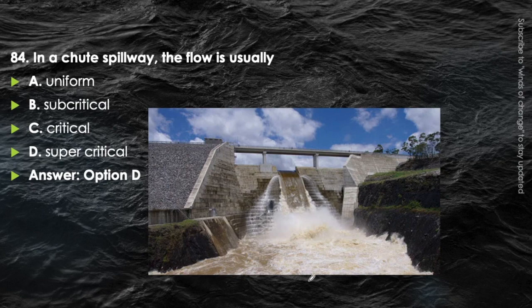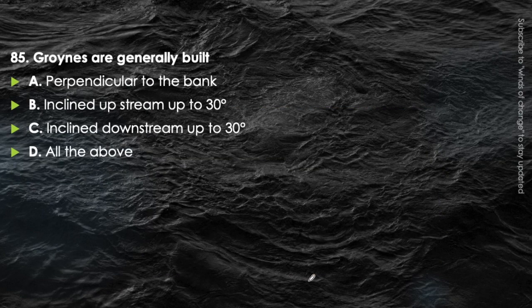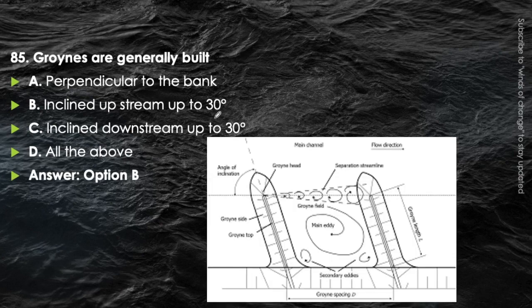Next question. Groins are generally built perpendicular to the bank, inclined upstream up to 30 degree, inclined downstream up to 30 degree, or all of the above. Think about it. Groins, you know about groins first of all. These are the river training works which are provided. Mainly these are inclined upstream up to 30 degree.